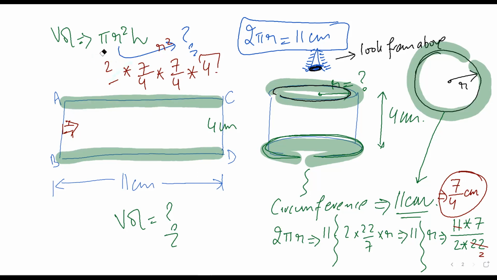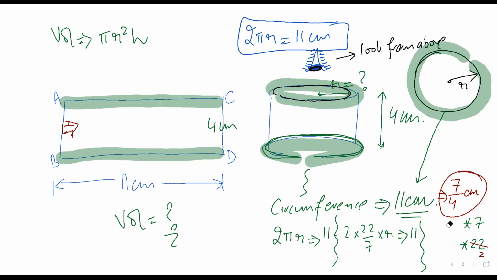Okay, let me do that again. Did you understand how I calculated the radius? No, sir, this one only. The r is equal to, I didn't understand that one. Okay. I'll do all of this again.